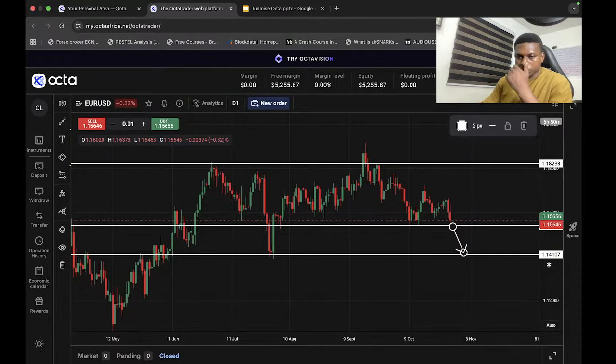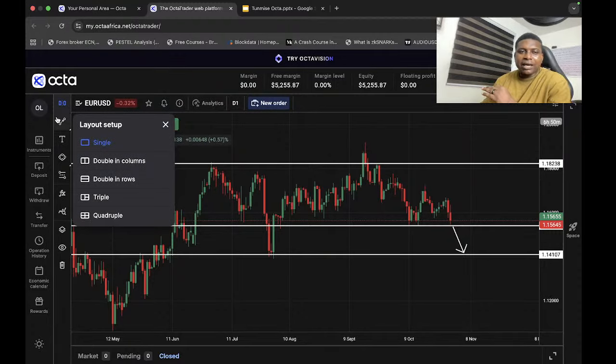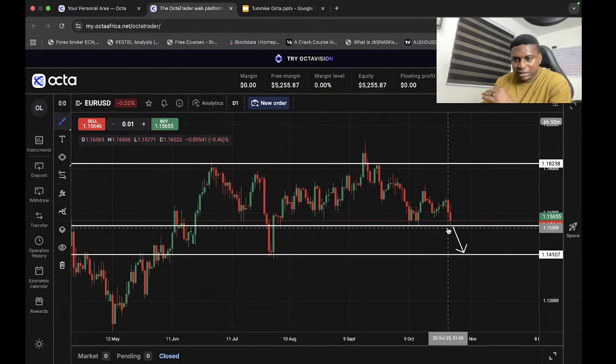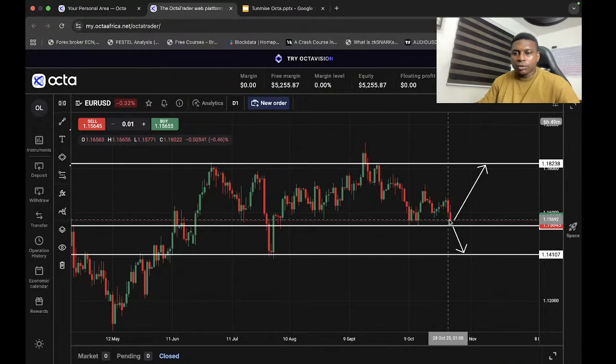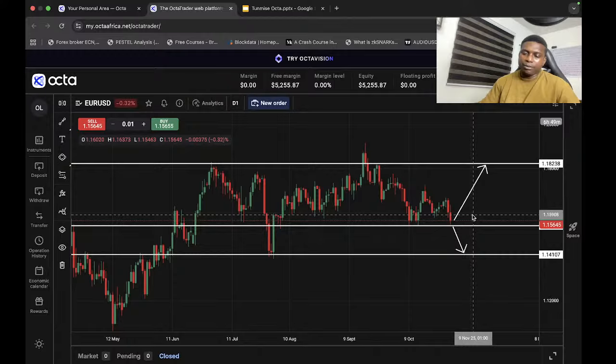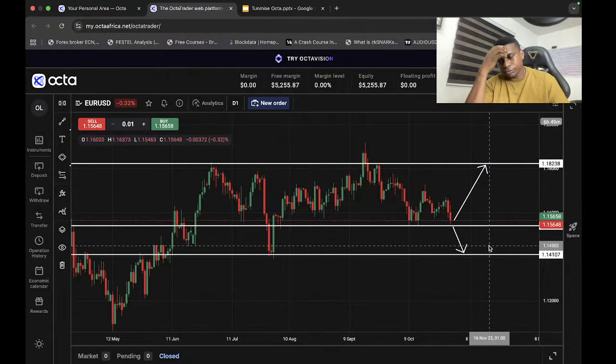So there are two things that will most likely happen: either a push up to the upside, or a push down to the downside, a breakout to the downside. Two things.